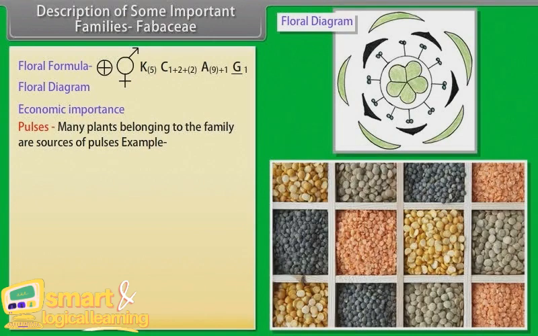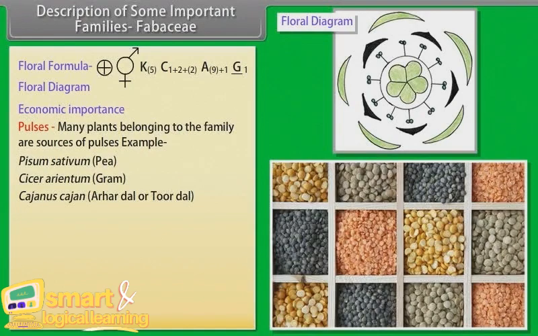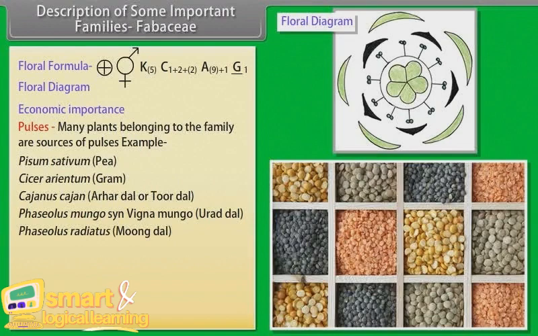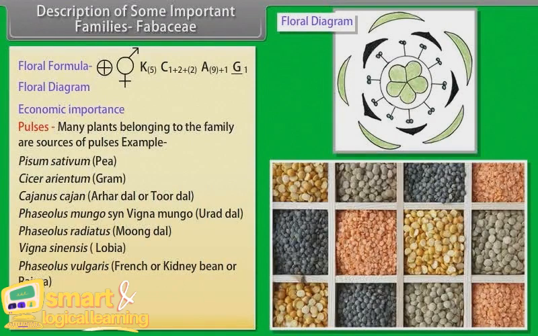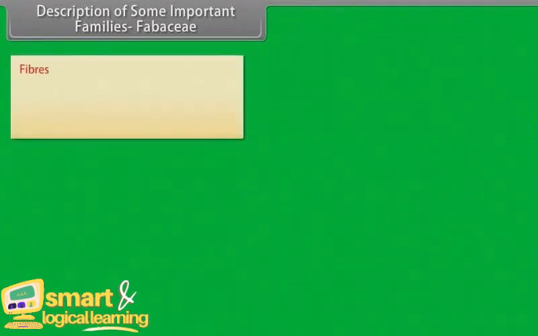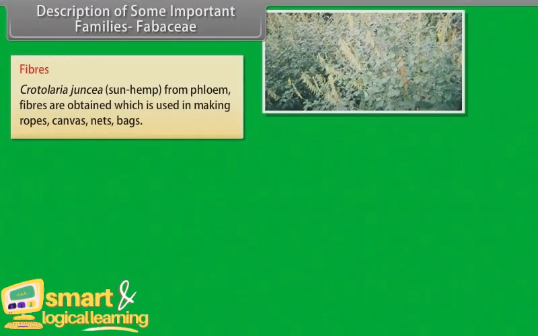Example: Pisum sativum, pea; Cicer arietinum, gram; Cajanus cajan, arhar dal or tur dal; Phaseolus mungo, Vigna mungo, urad dal; Phaseolus radiatus, mung dal; Vigna sinensis, lobia; Phaseolus vulgaris, French or kidney bean or rajma; Lens esculenta, masoor dal; Lathyrus sativus, khesari dal.